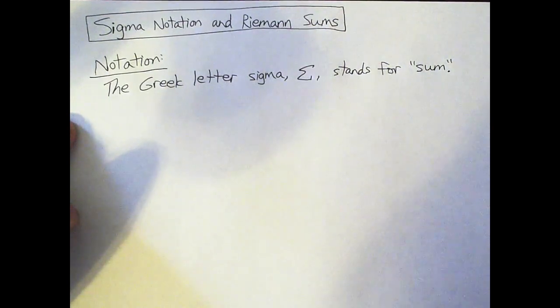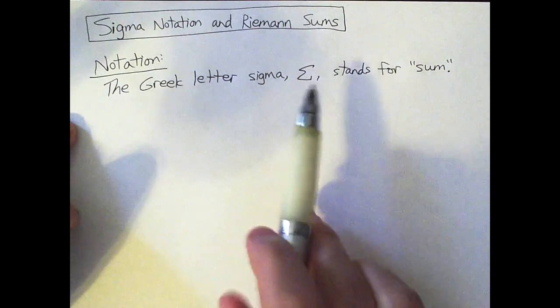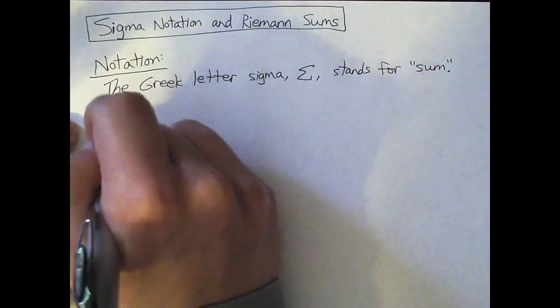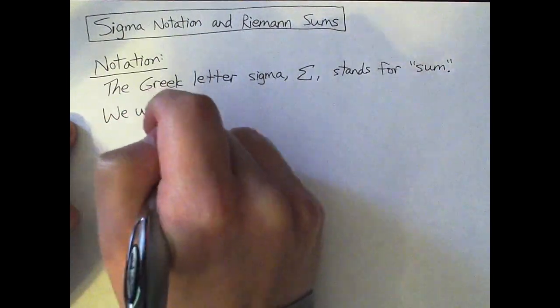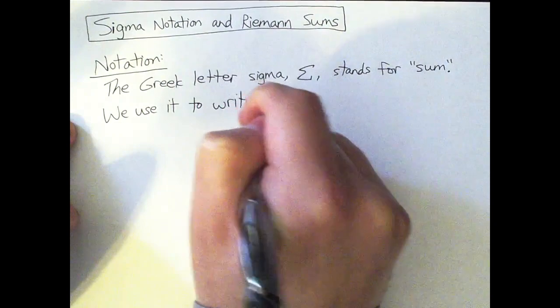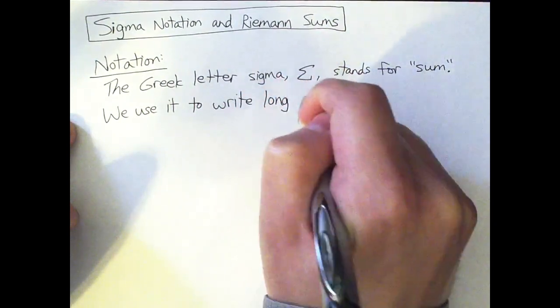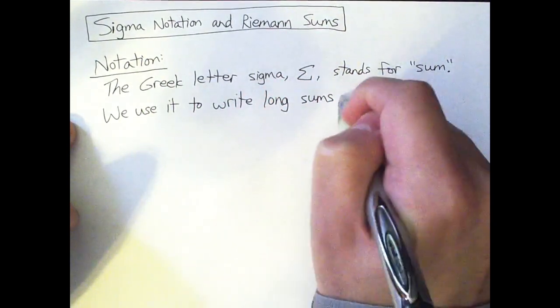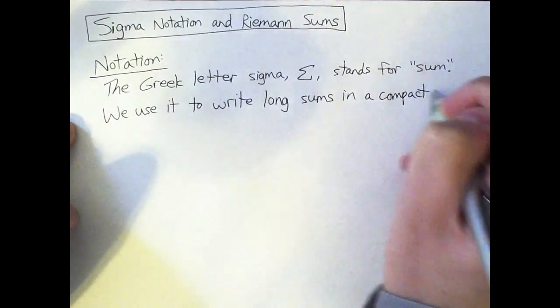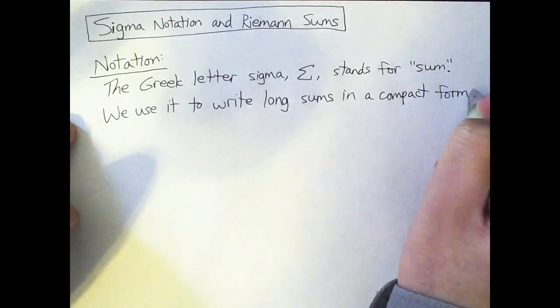By the way, there's an uppercase Greek letter sigma and a lowercase Greek letter sigma. This is the uppercase sigma, and it stands for sum, and we use it to write long sums in a compact form. And I'll show you an example.